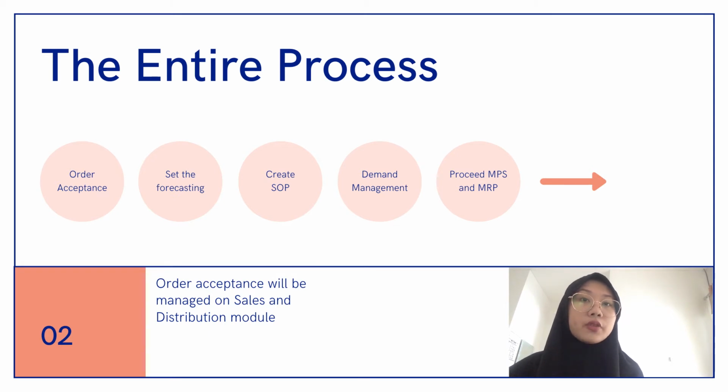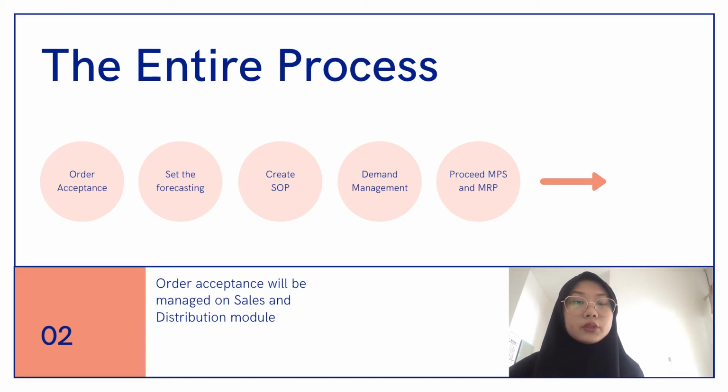Then we set the forecasting based on the sales order, since this company is doing make to order. Then we create the sales and operation plan according to the forecasting, and the form of production plan in this stage is aggregated into a product form, which is a compact disc.